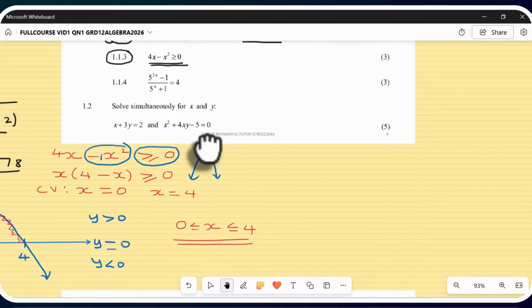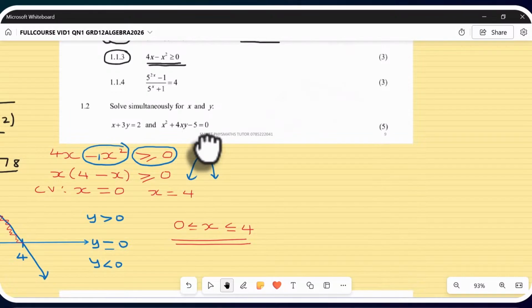Okay, I can say squared here. Then minus 1 squared. Okay. Then divided by 5 power x plus 1 equals to 4.